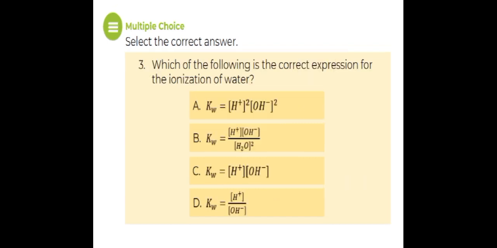Let us proceed. Number 3. Which of the following is the correct expression for the ionization of water? Is it A, B, C, or letter D?